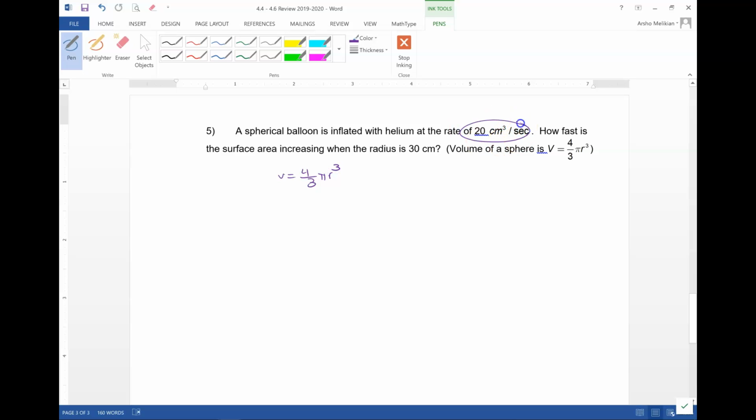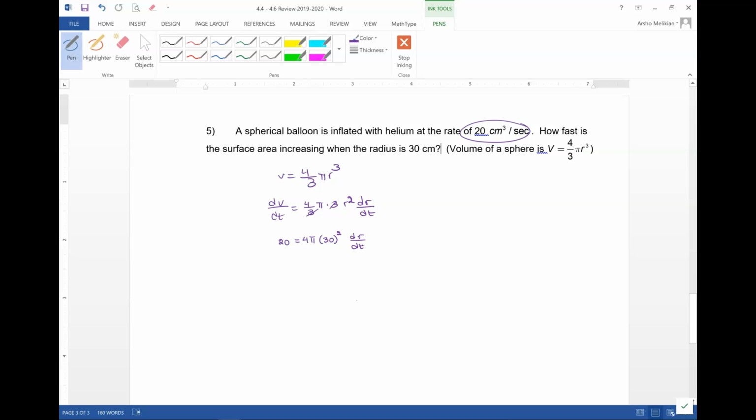And now this is dV/dt. So let's find dV/dt here. This is 4/3 pi times 3r squared dr/dt. The 3's will cancel. So dV/dt is 20, and this is equal to 4 pi times the radius, 30, squared, dr/dt.